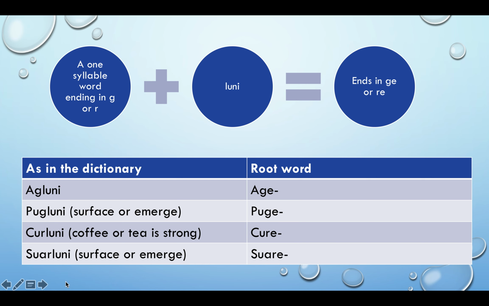And swachluni, to surface or emerge, swache. So those are one-syllable words that end in G or R, ach, buch, joch, swach, plus luni, and those end in GE or RE. So the root word is still one syllable.